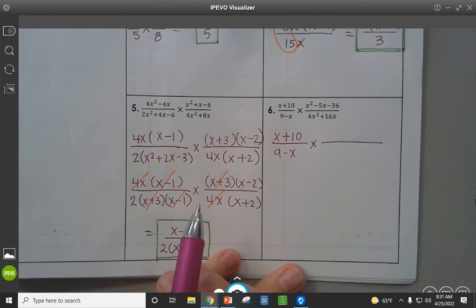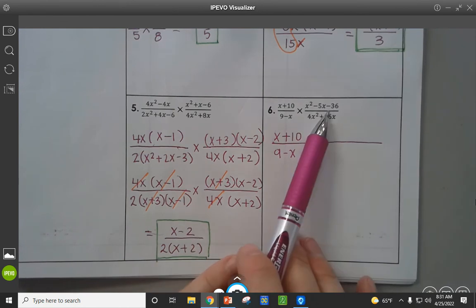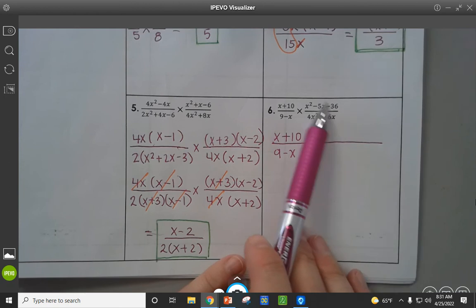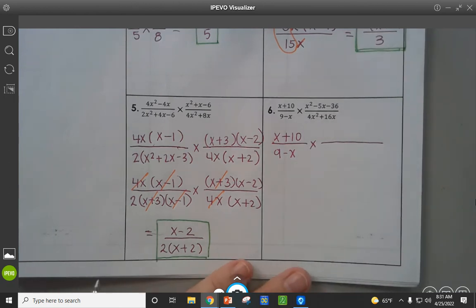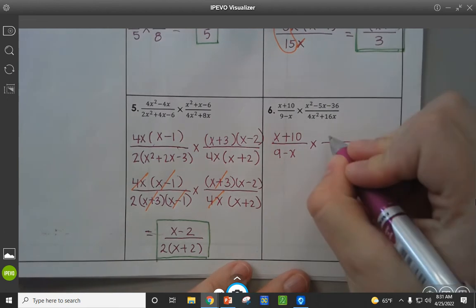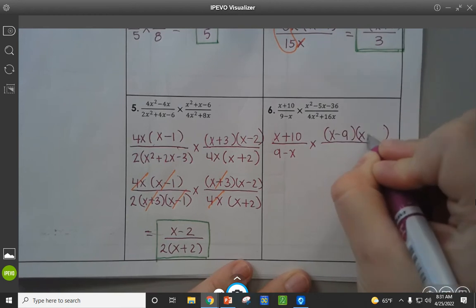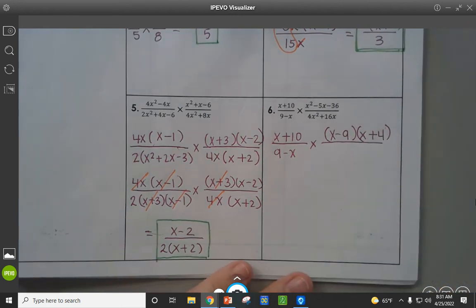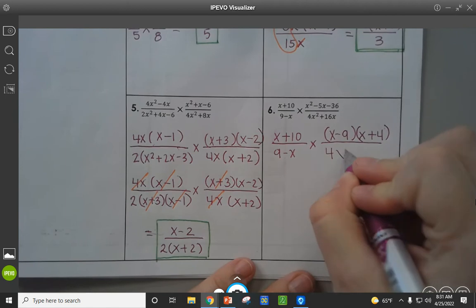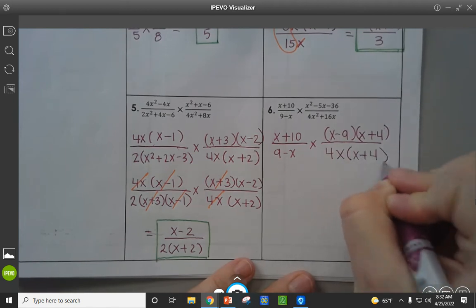Does that have a GCF? No. What two numbers can you multiply to be negative 36 and add to be negative 5? Negative 9 and 4. Does the denominator have a GCF? 4x, leaving me with x plus 4.